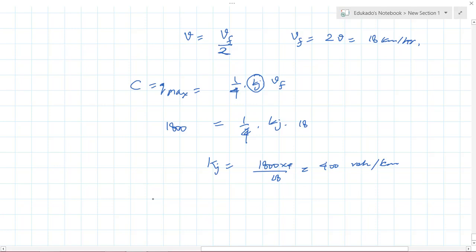Now in the question it is given that if q equals 1000 vehicles per hour, then what is the density?